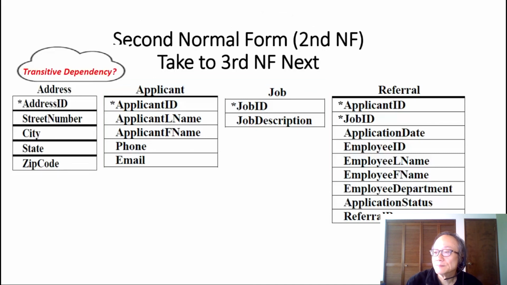We are ready to take our design from the second normal form to the third normal form. Going from the second to the third, there's only one thing we need to pay attention to. Do we have any transitive dependency?